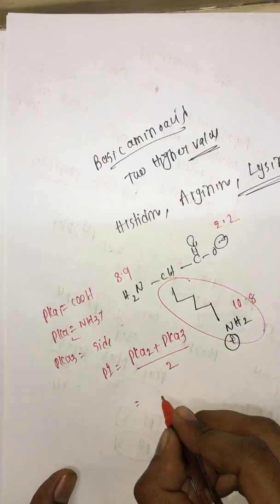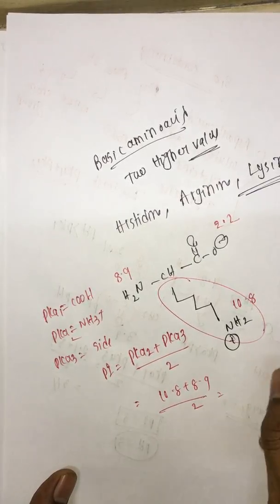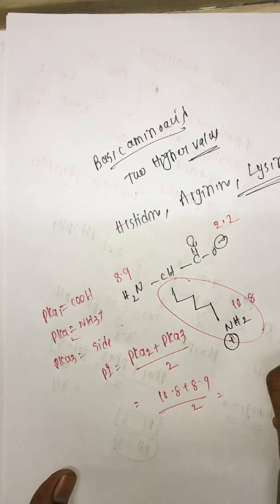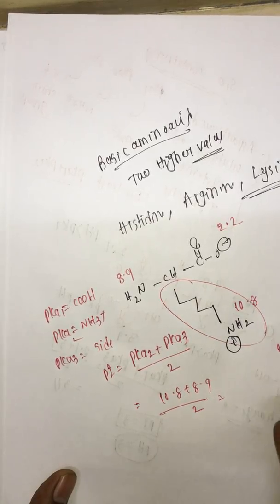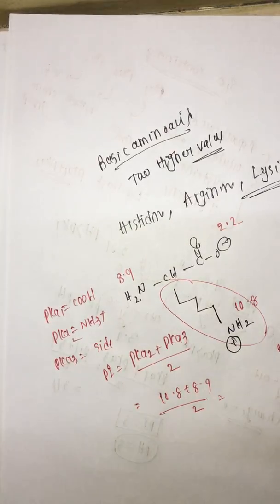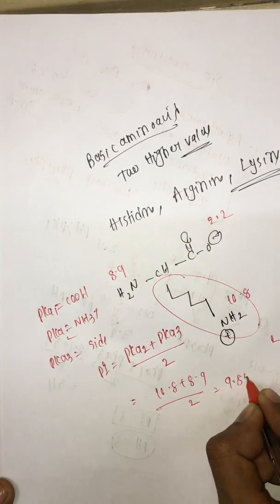Now we have 10.8 plus 8.9 by 2, so this comes to 9.85.